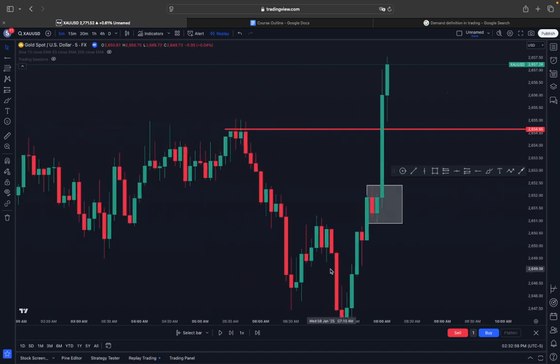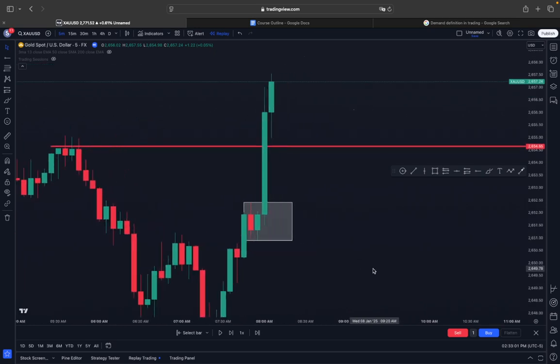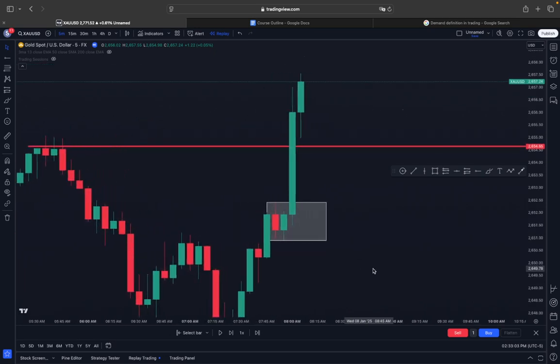So let's look at ways this demand zone would be invalid. We know that if this next candle after that immediate break was to come and shoot down and not leave a gap after that breakout, we know it's invalid.